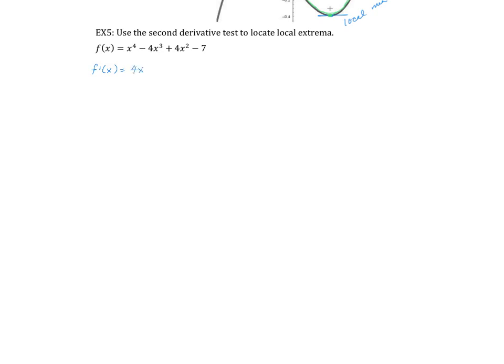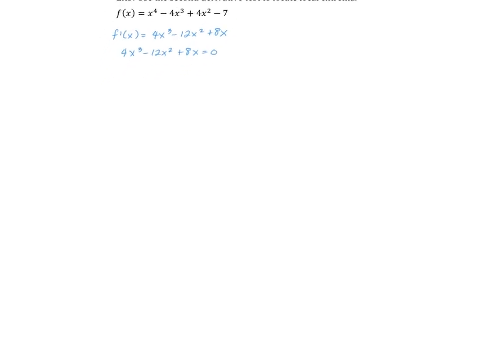The first derivative is going to be 4x to the third minus 12x squared plus 8x. Now I want to figure out where this is 0, so I'm going to set the first derivative equal to 0. And then I'm going to see if it factors. I want to avoid using a calculator as much as possible. Oftentimes a calculator will give you an approximate value.